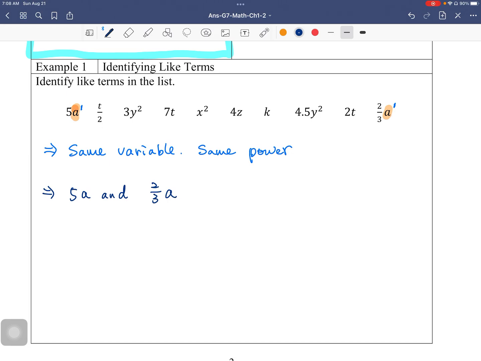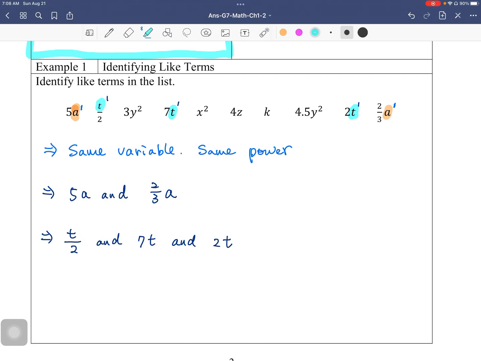And then second, I have t to the power of 1, again t to the power of 1, again t to the power of 1. So these are like terms: t squared, 7t and 2t.